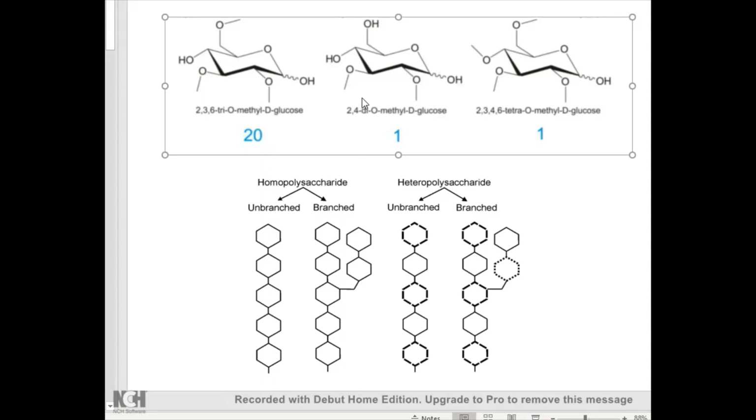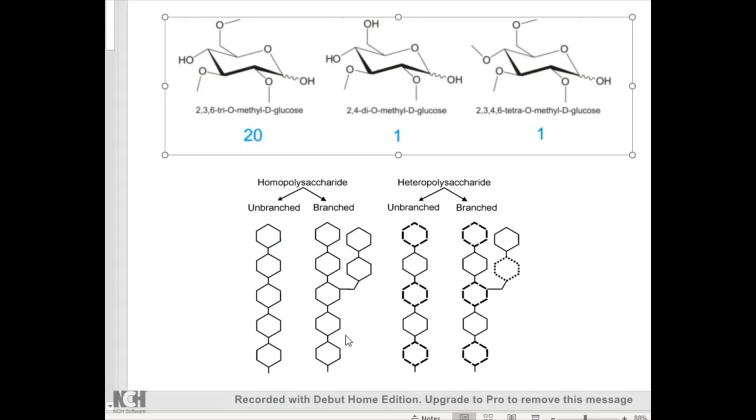If you take a look at the structure of the middle product, it has 2 OH groups methylated and 3 OH groups unmethylated. And this is exactly the branch point found in branched homopolysaccharides. Let's take a look at this branch point. This oligosaccharide, schematically shown here, is connected to 3 neighbors.